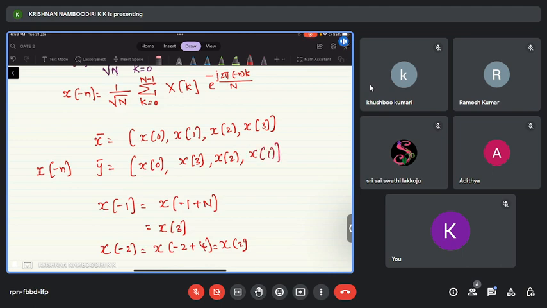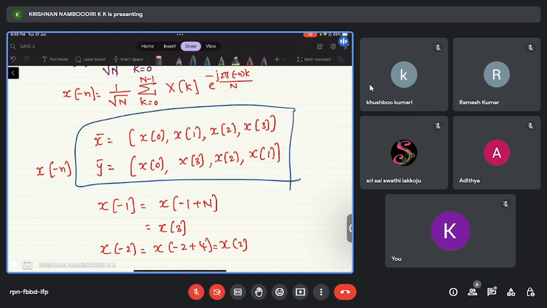So ideally the DFT of x will be y, which has this form: x0, x of 3, x of 2, x of 1. Do you agree? If I take the DFT of x once and again take the DFT, I will end up with this. So there is a permutation that happened in the vector. That's the only difference. Is it clear?